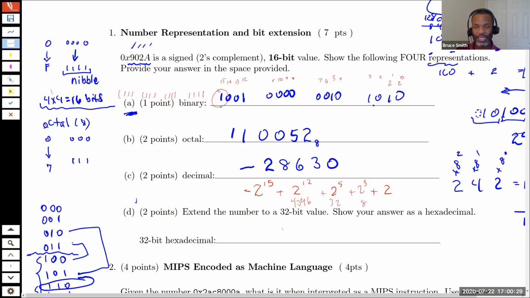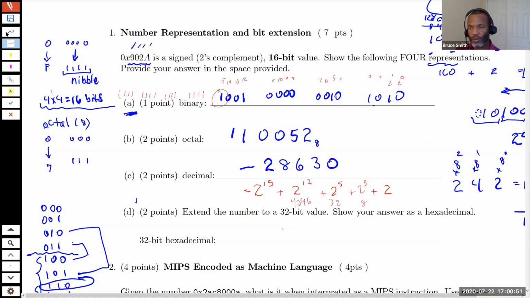Let's say that this is anything else. I could have just kept it simple. This could have been a 0. If that had been a 0, then things change a bit. This is a 0, and then these are just zeros sitting out front. So you have to pay attention to what the most significant bit is when it comes to sign extension.